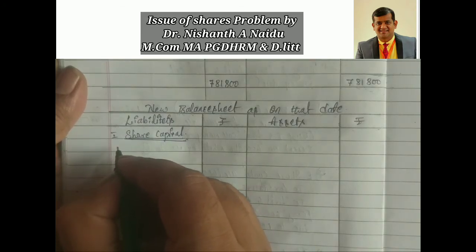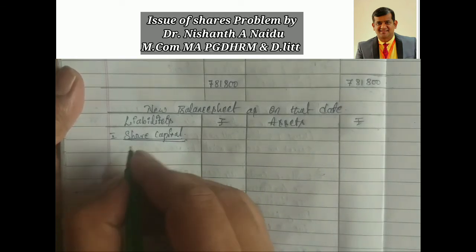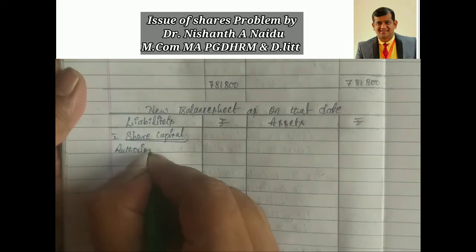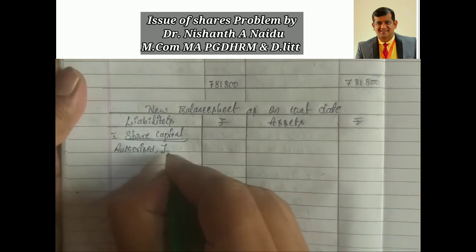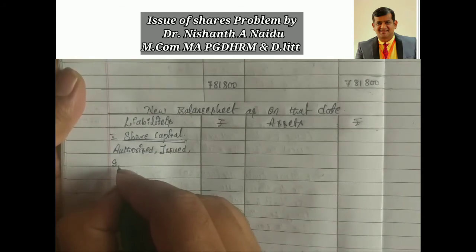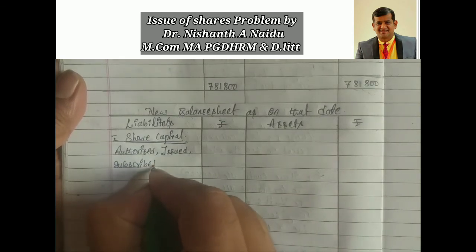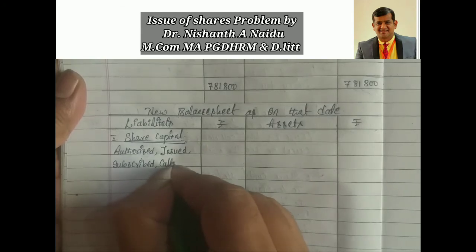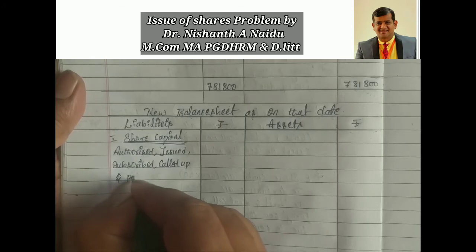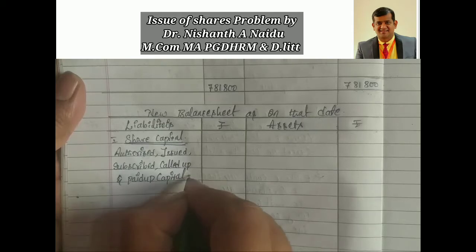Since authorized, issued, subscribed, called up, paid up is everything, I'm going to write authorized, issued, subscribed, called up and paid up capital. Called up and paid up capital.